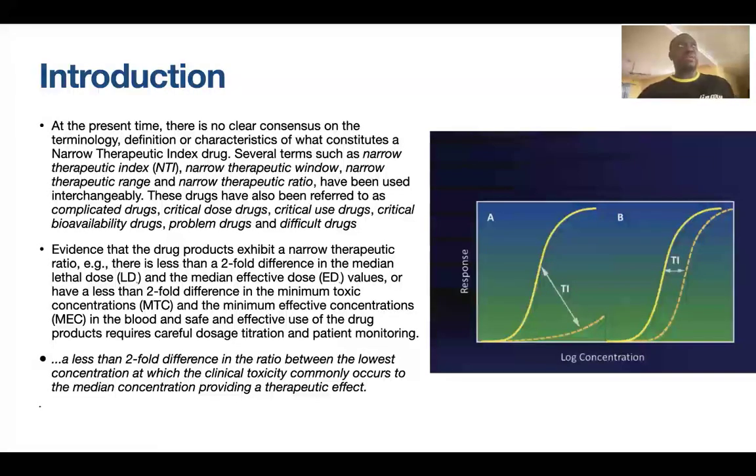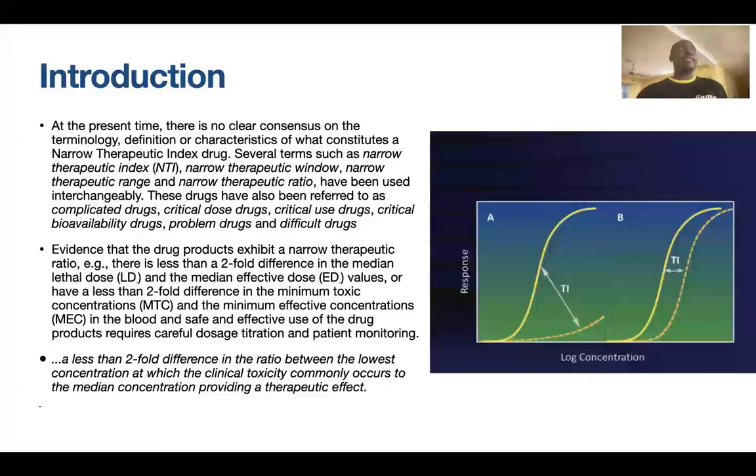Policymakers could use terms like complicated drugs. That's when you're trying to get certain approvals or considerations for those medicines, so you use very simple terms like complicated drugs or critical use drugs, right?